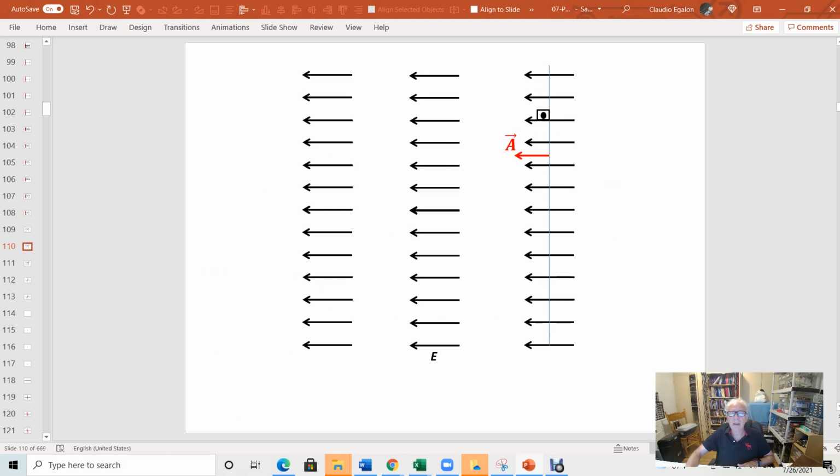Surface, area vector, perpendicular. Then we're going to do different types of surface, and you're going to understand what I mean. Note that I'm putting my electric field right in here, and it is parallel to the area vector.